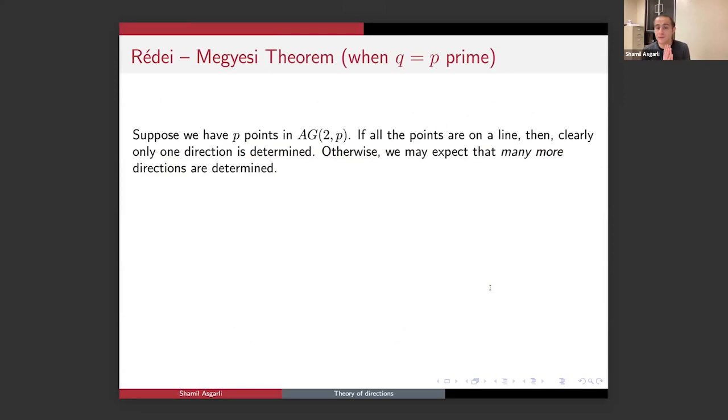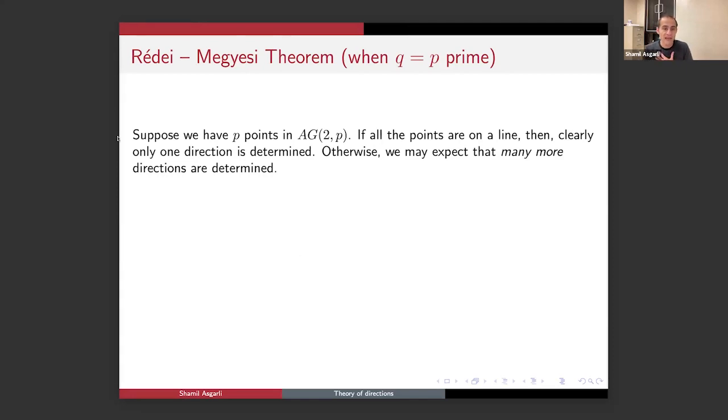So here we're going to talk about the first fundamental theorem in the theory of directions. This theorem was the starting point of this research. It is attributed to Rédei and Megyesi, and the theorem intuitively makes a lot of sense, so let me try to build the intuition for it.